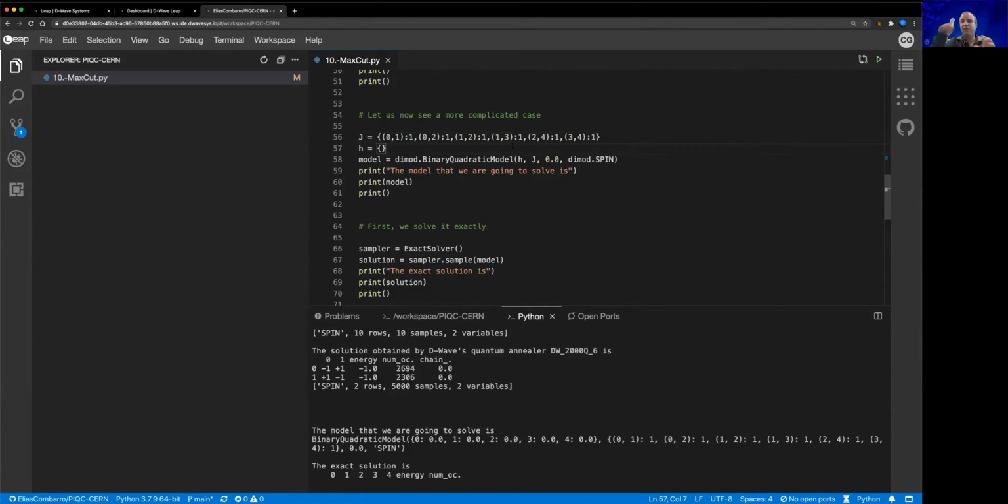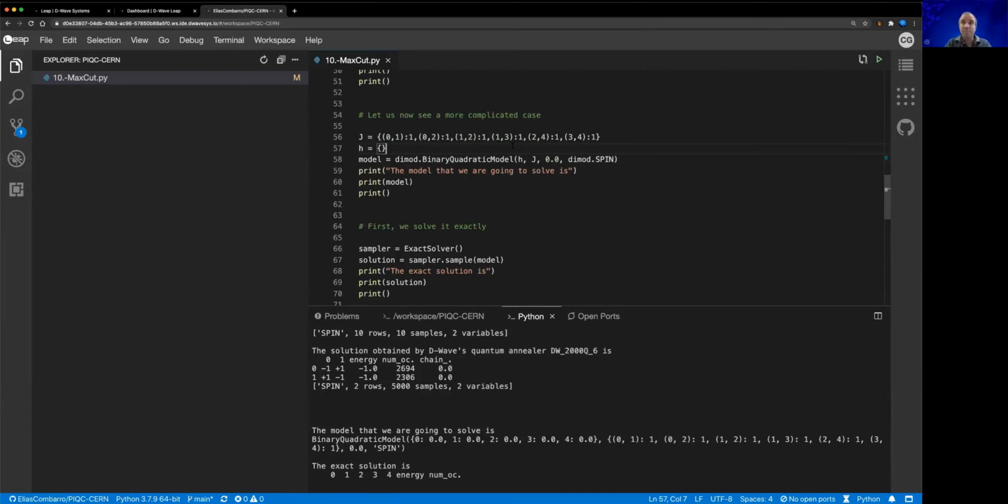And here we have 5 vertices in the graph, and each one is connected to the next one, forming a circle, okay? So here I'm not going to be able, as in the previous case, to form a cut that cuts all the possible edges in the graph, because since they are connected in a loop and the number of vertices is odd, 2 of them are going to be in the same group.